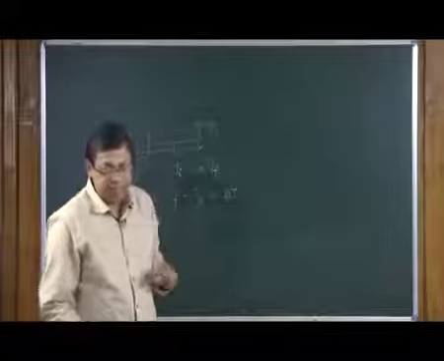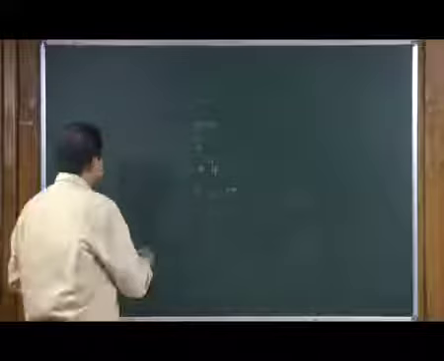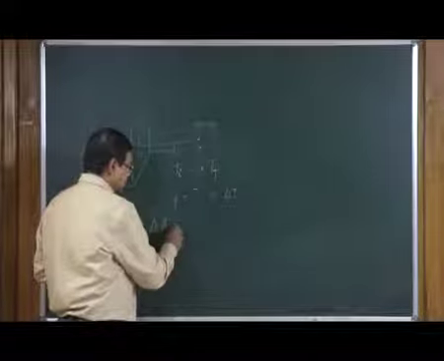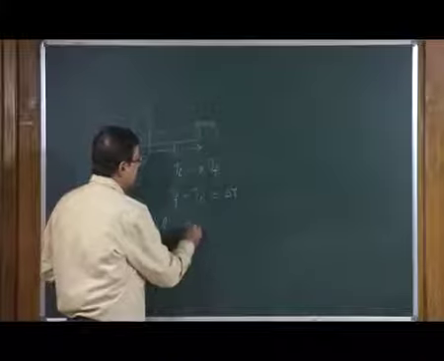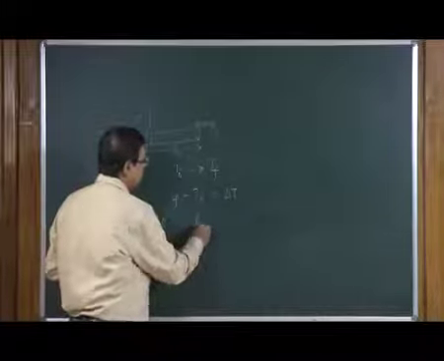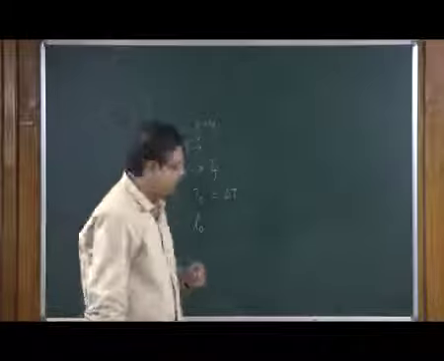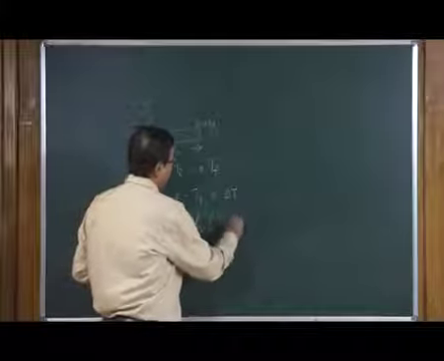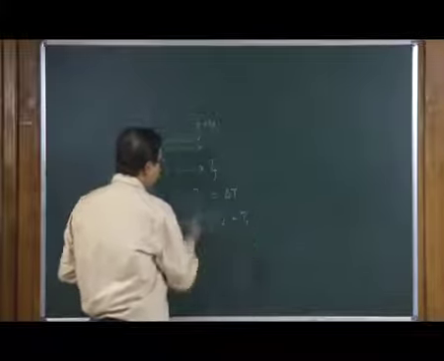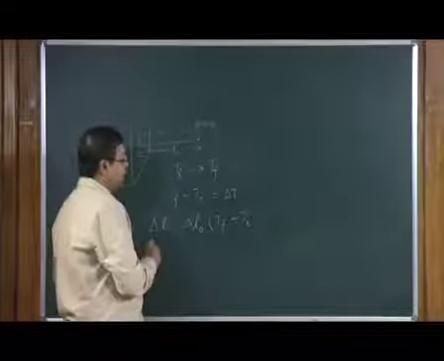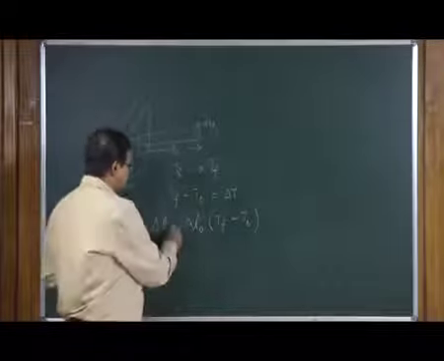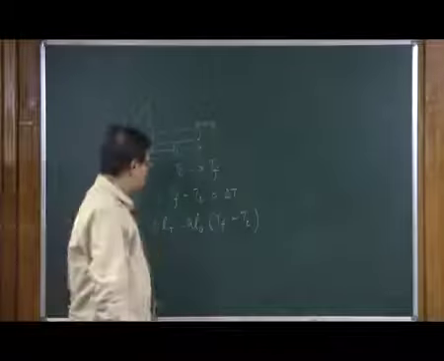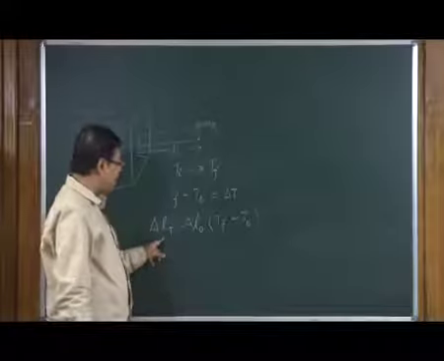In this case the change in length delta L is given by L0 times Tf minus Ti, and there will be a proportionality constant, let us call it alpha. To make sure that this elongation happens due to the change in temperature, we put a subscript T here.